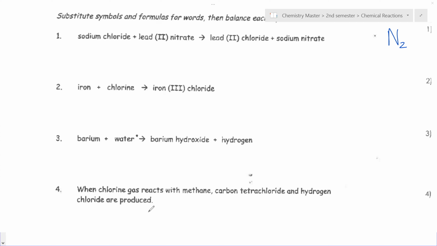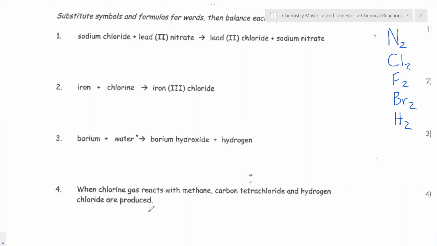Who has another one for me? Fluorine. That's 2 of them, chlorine and fluorine. Very nice. Eric says bromine. That's 4. We got 3 left. One's by his lonesome self. Hydrogen, excellent, H2.